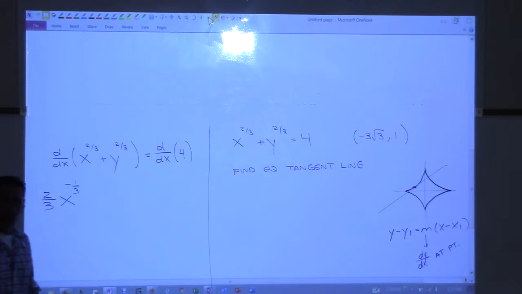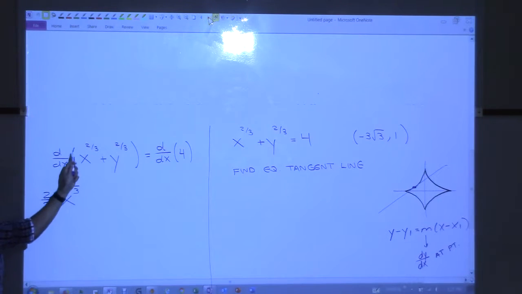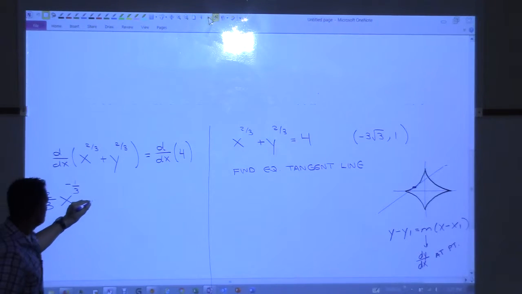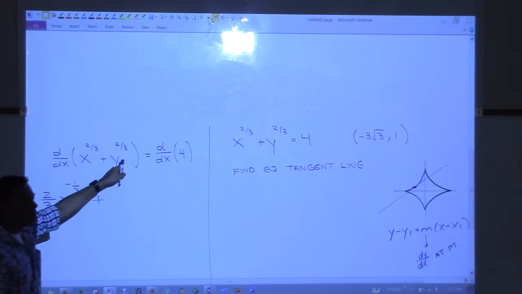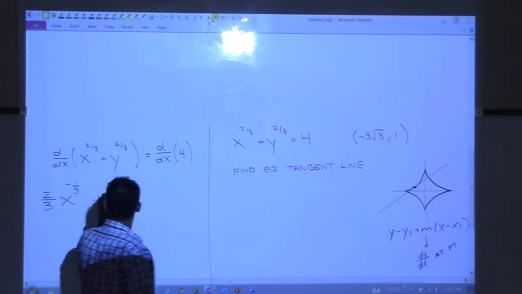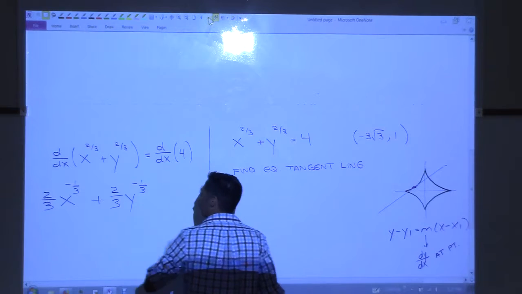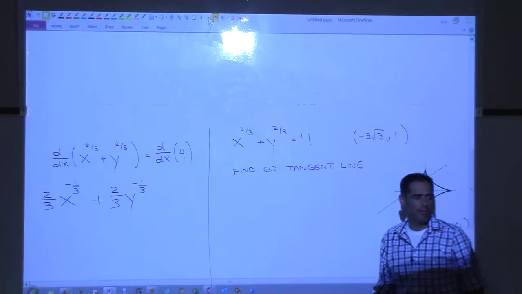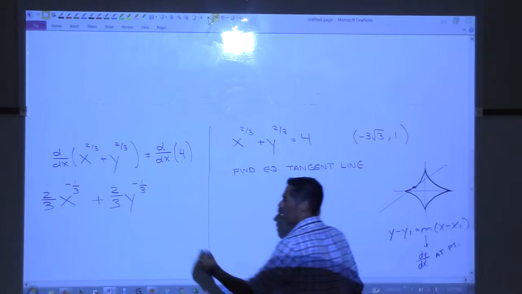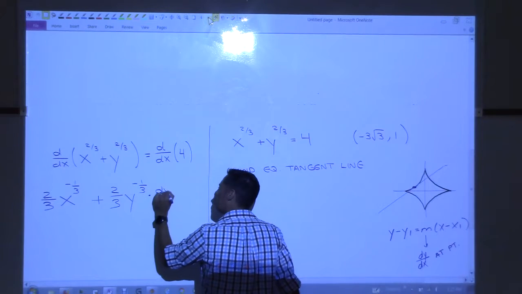And that's just your power rule, right? Power comes out, subtract 1. And remember, the reason why we don't put anything after this is because when we take the derivative of x, the base, it's just 1. Okay, now plus. Now we do the same thing here, right? So we're going to get 2/3 y to the negative 1/3. But what's the important piece that goes after that? dy dx. Okay, so times dy dx.